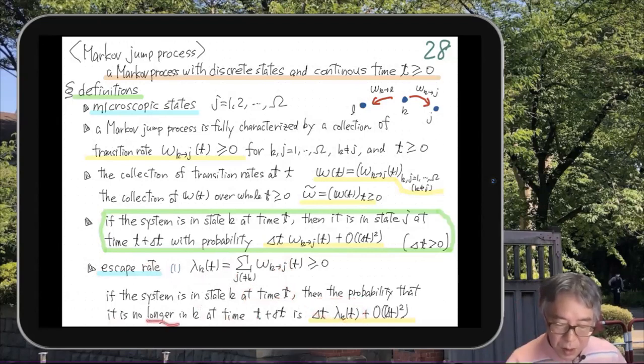It's no longer in k because it has jumped to one of these j's. Again, this is proportional to delta t because the first jump occurs with a chance which is proportional to delta t. And of course, the effect of more than one jump is contained in here. So this is the escape rate. I think it's clear.